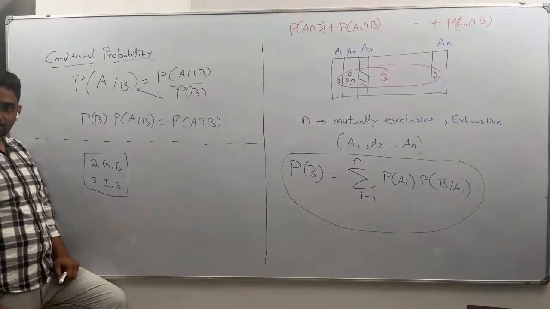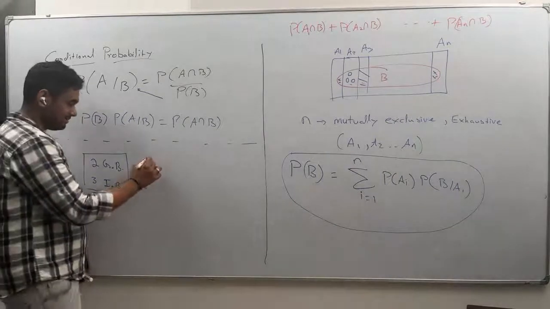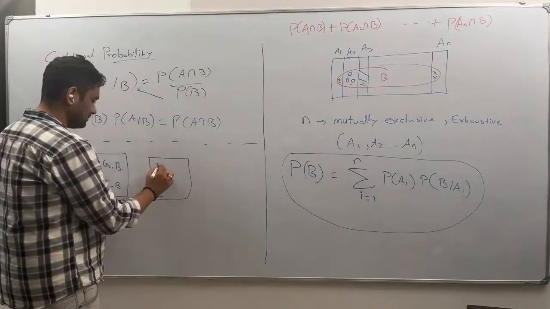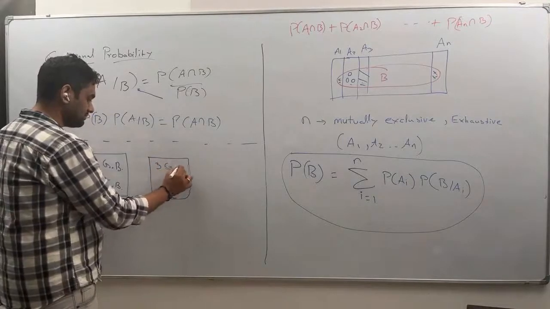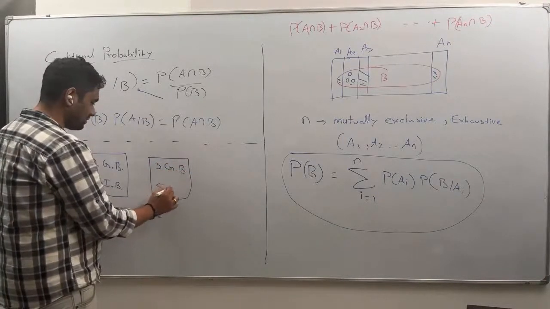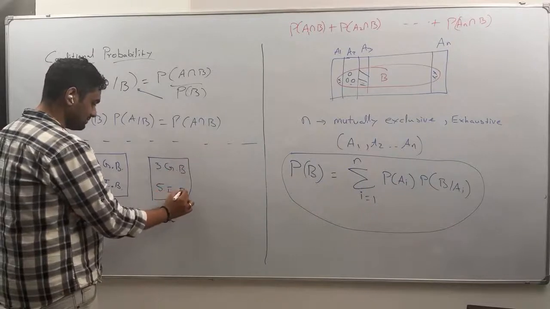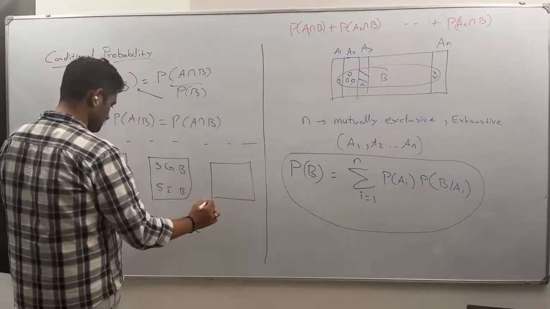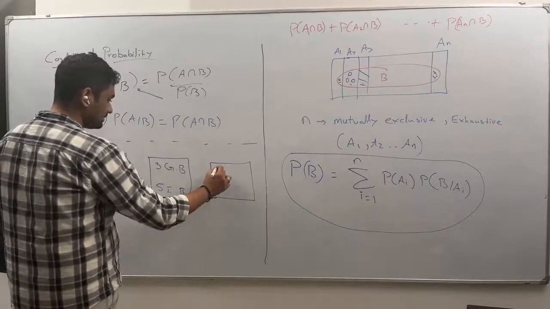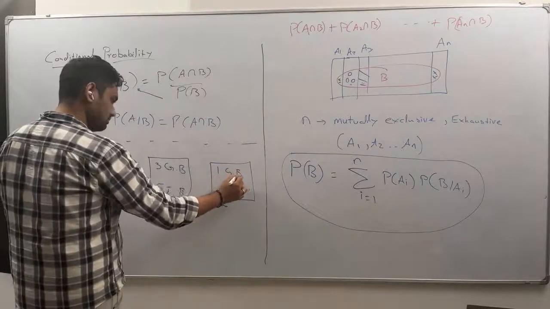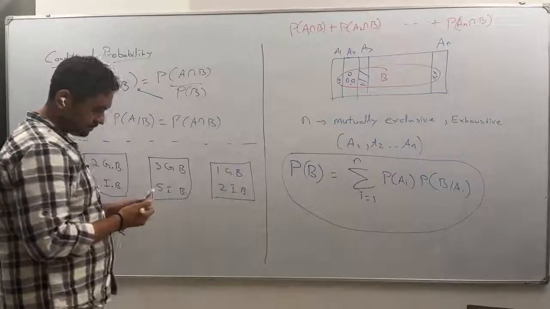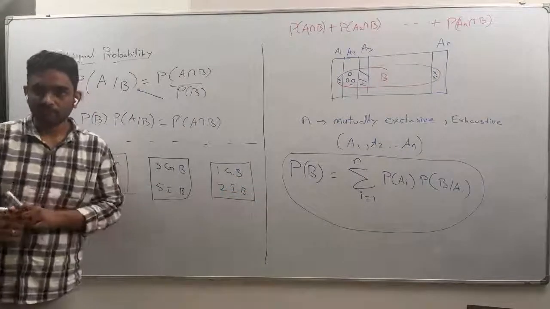Bag 2 has 3 gold balls and 5 iron balls. Bag 3 has 1 gold ball and 2 iron balls.